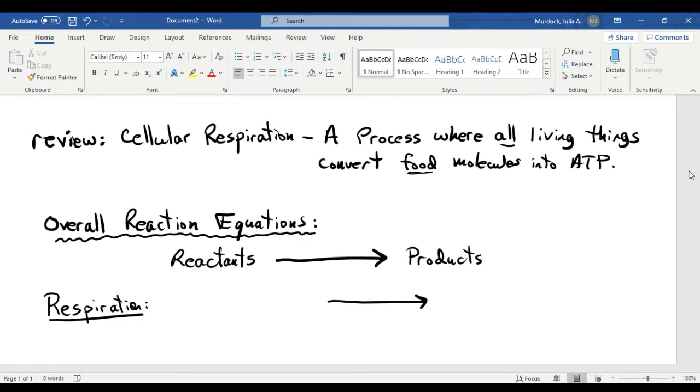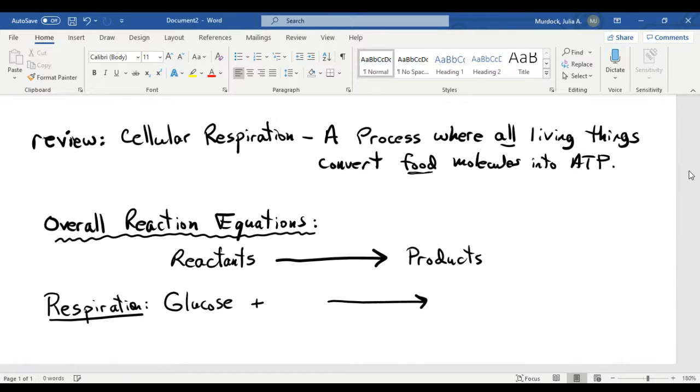Now I need your help. For cellular respiration, what's on the left? What's going to be broken down? See what you got, guys. Glucose. Yes, beautiful. Right, glucose, the food. Sugar is glucose, yep. That's right, that's fine, okay.